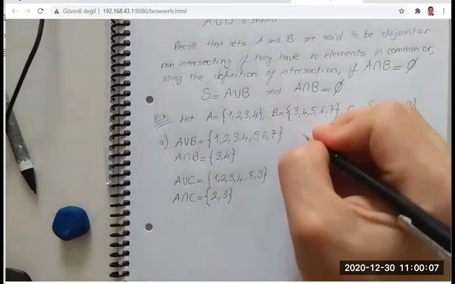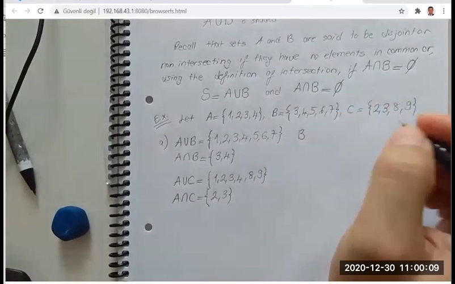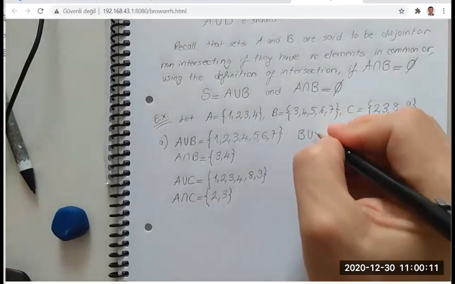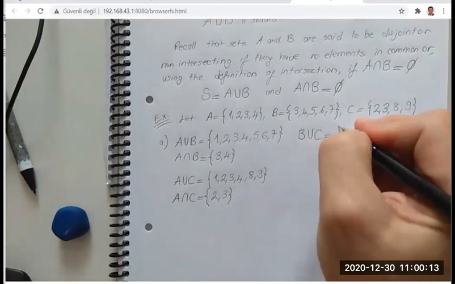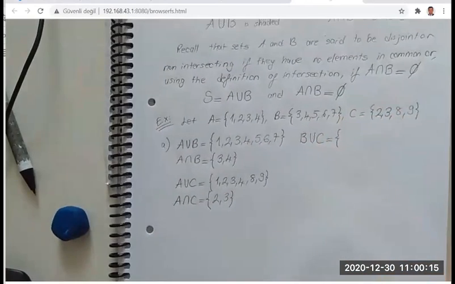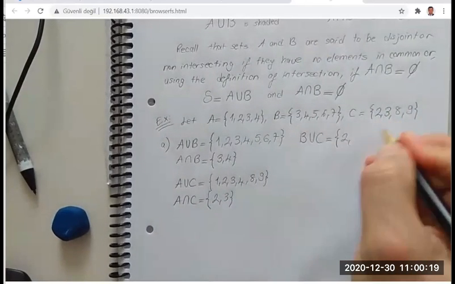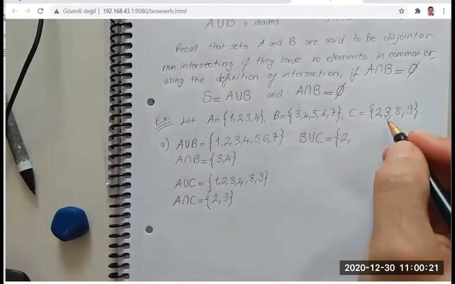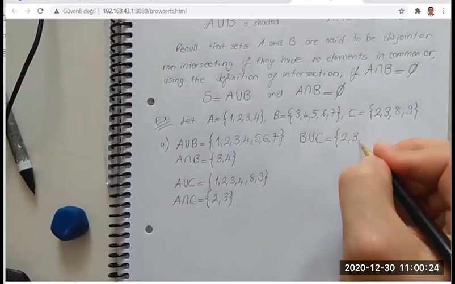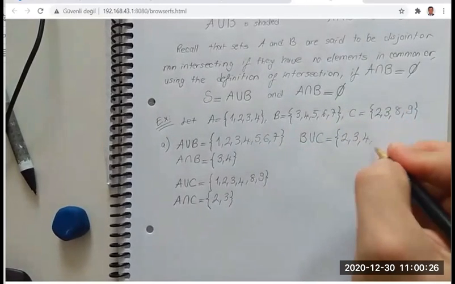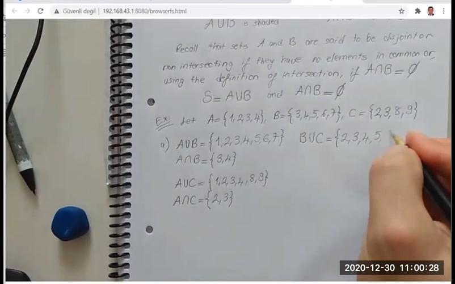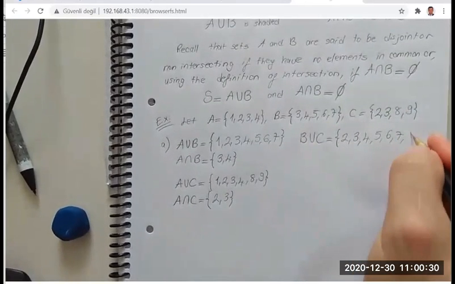And B union C. So what is the union? There is 1, 2, 3, 4, 5, 6, 7, 8, and 9.